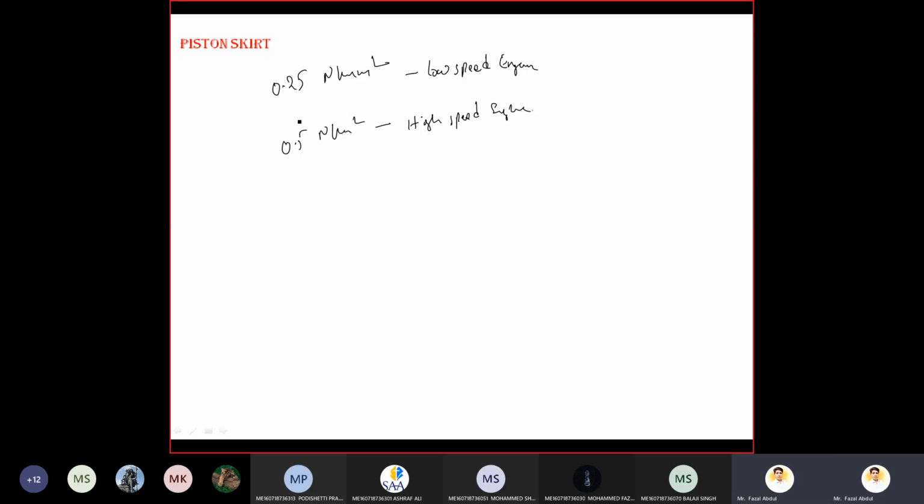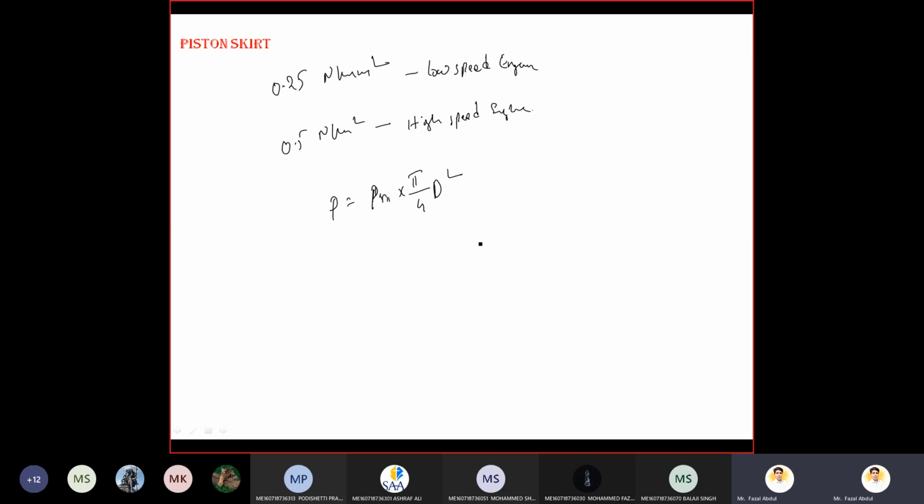Now see here. For the piston skirt, we know the maximum load on the piston due to gas pressure is pressure into area, that is p into pi by 4 into D square.